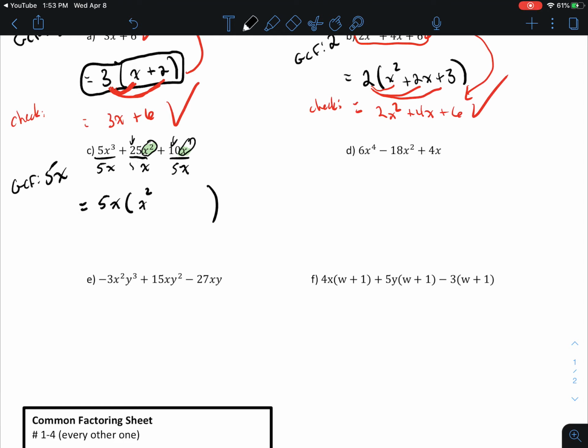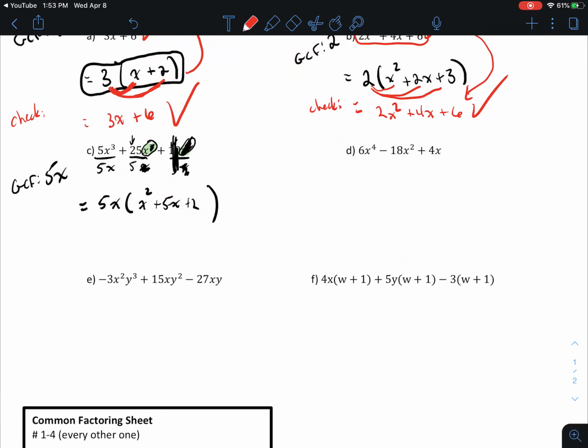And then 25 divided by 5 is plus 5, right? But then one of these x's cancels with that x, and you're just left with 5x. And then 10 divided by 5 is plus 2, right? So that takes care of this. And then this has a 1. This x cancels with that x. So it's just plus 2.